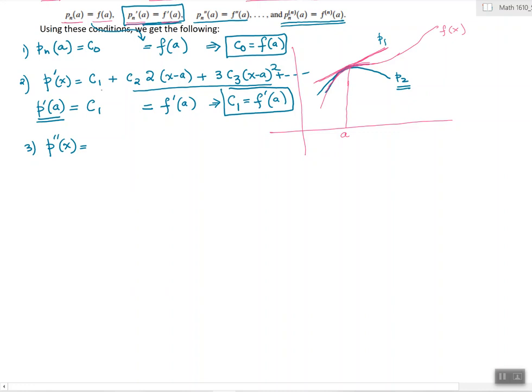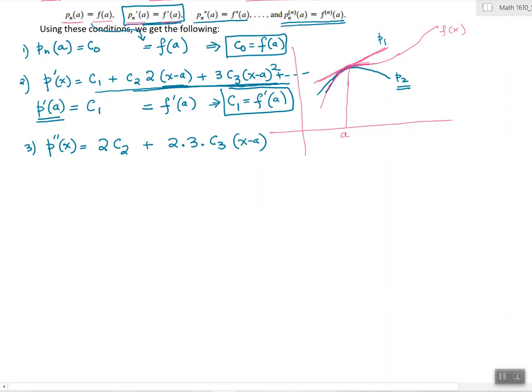So the second derivative means I have to take the derivative of this p prime of x. So c1 gives me 0, then 2c2, (x minus a) doesn't give me anything, and the next term will give me 2 times 3 times c3 (x minus a).